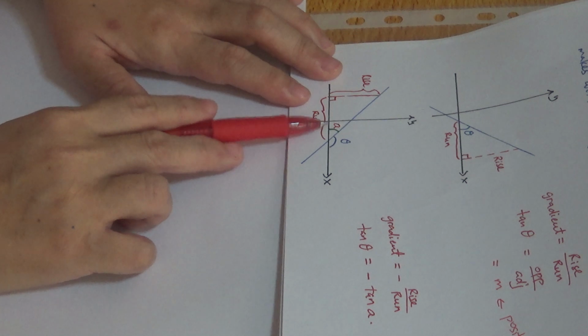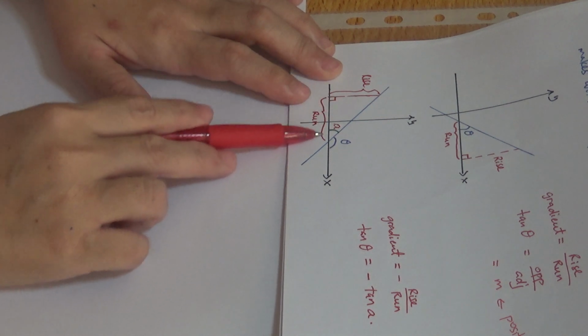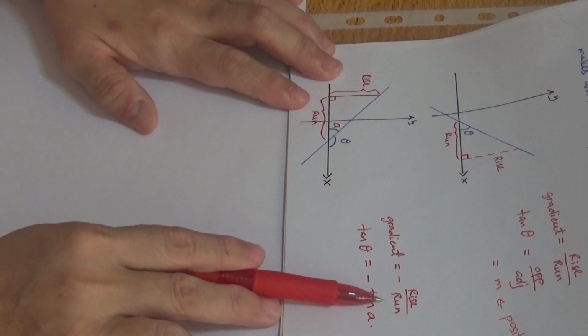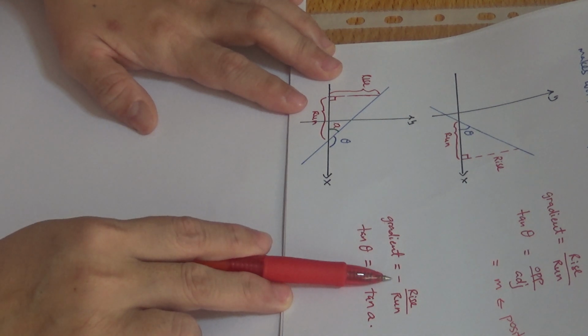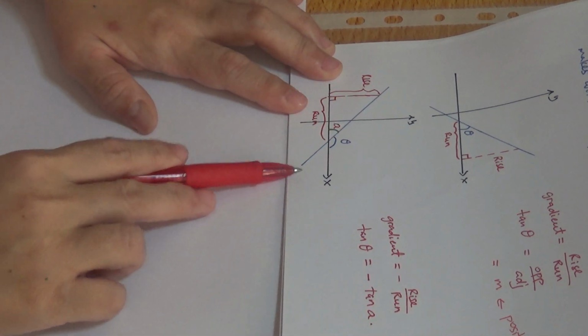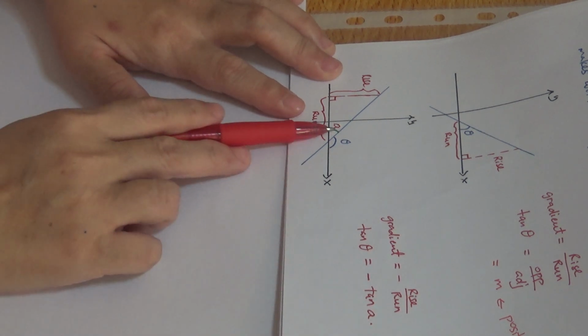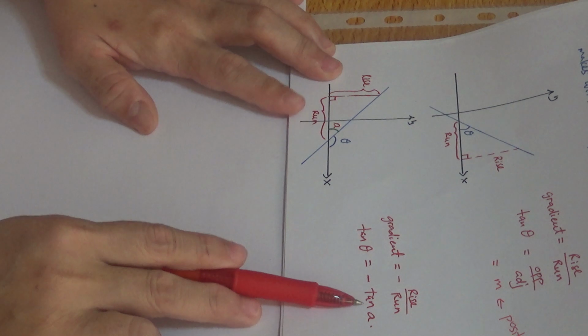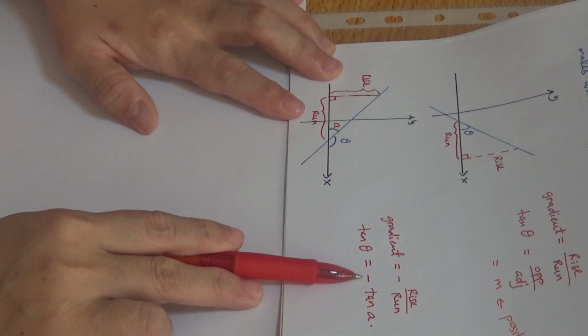So if I want to find the tangent of this acute angle, it is still opposite over adjacent, which is rise over run, but I'm referring to this line, so I need to add a negative sign because the gradient of a line slanting this way is negative. Don't forget, the tangent of an acute angle is positive, but because theta is an obtuse angle, I have got to add a negative sign.